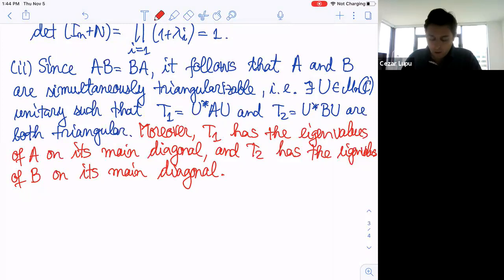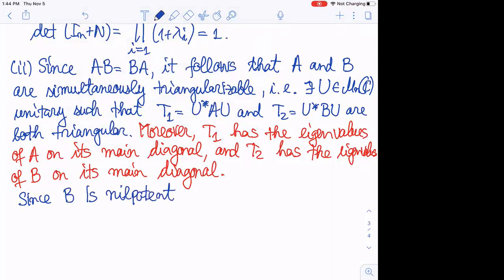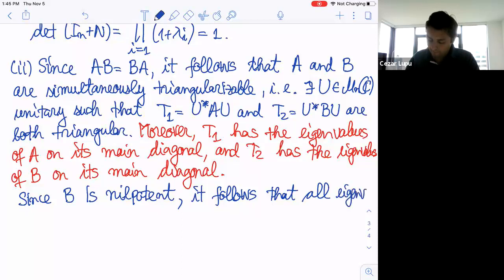All right. But now, since B is nilpotent, we said something earlier. Since B is nilpotent, what can you say about the eigenvalues of the nilpotent matrix? There's zero. We said exactly. It follows that all its eigenvalues are zero.